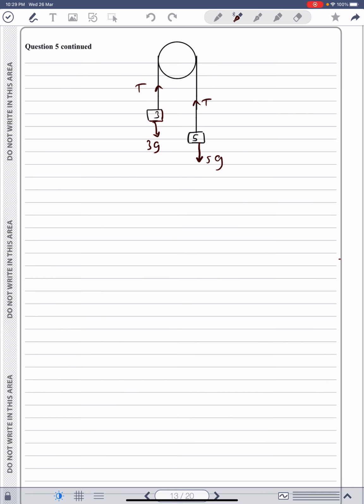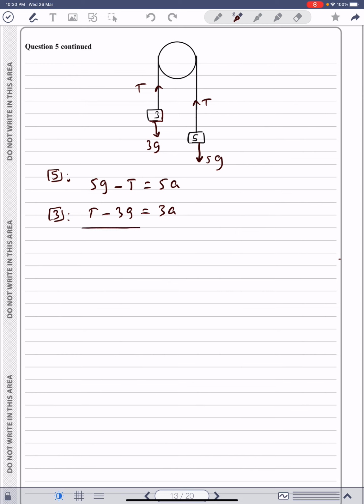We start better with the particles, resolving the forces on the heavier particle in this question. So 5g is the main force. This is where we have to start every time, but he wants in part A to resolve for P, which is the 3. It's better to do this in these questions.